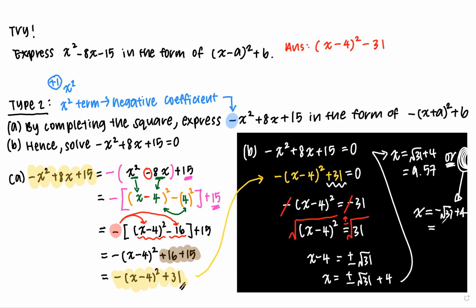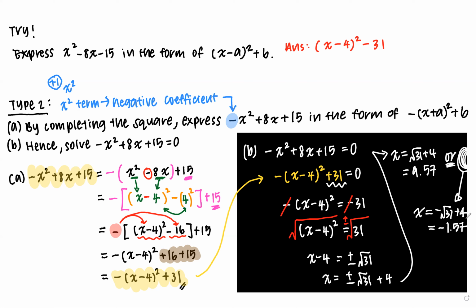Yes, and put it in a calculator. And what do you get? Negative what? Nope. Of course it's different. It's not minus that minus 4, you know. Of course it's different. Negative 1.57, yes.